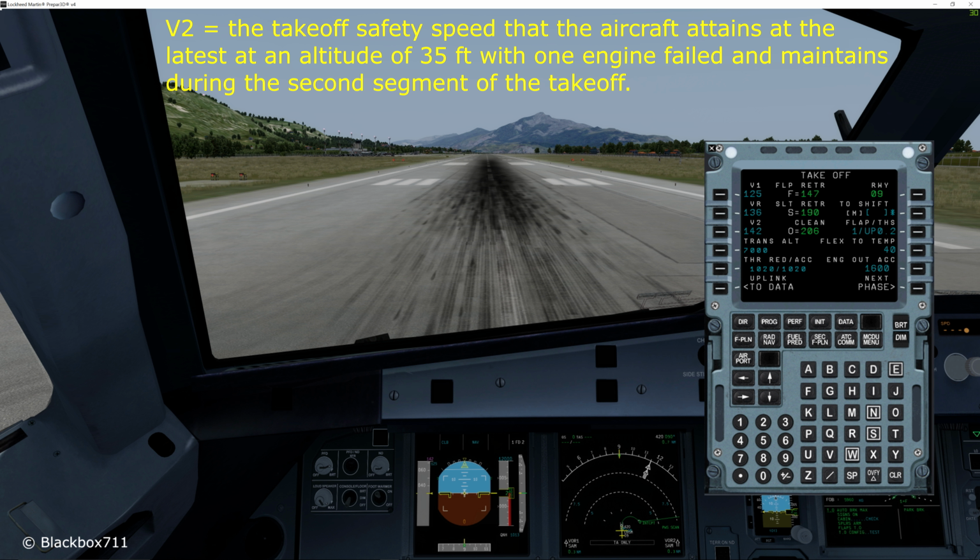And then there's V2, and V2 is the takeoff safety speed that the aircraft attains at latest at an altitude of 35 feet with one engine failed, and maintains it during the second segment of the takeoff. And the V2 is indicated by the speed select symbol on the speed scale.